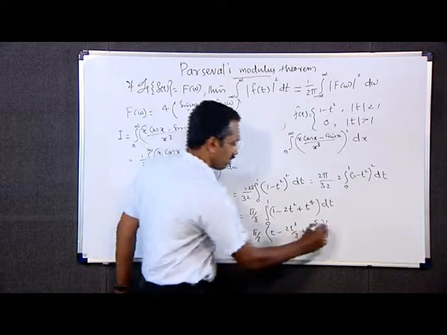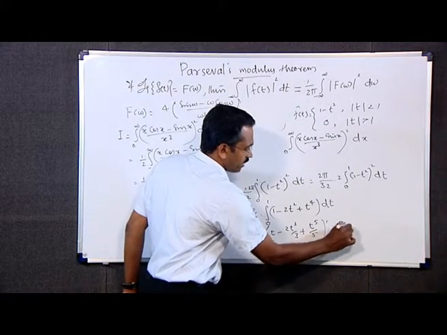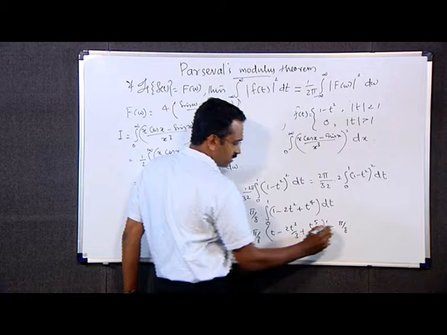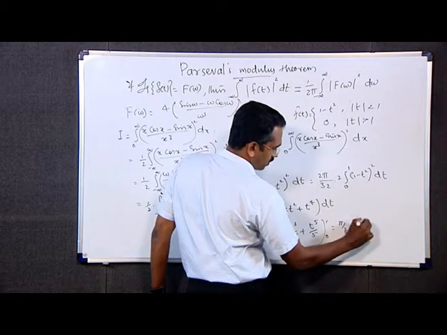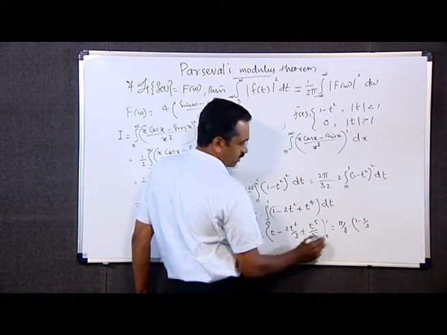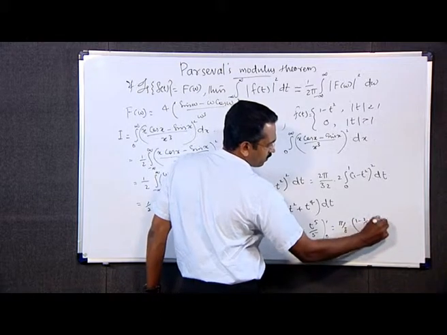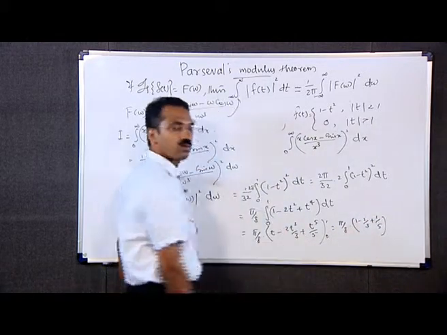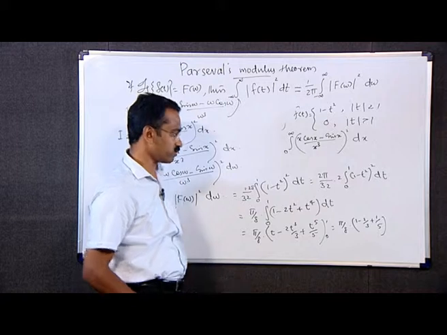When t equal to 1, we get pi by 8 into 1 minus 2 by 3 plus 1 by 5. When t equal to 0, all these terms will become 0.